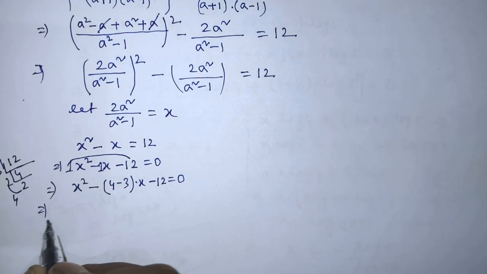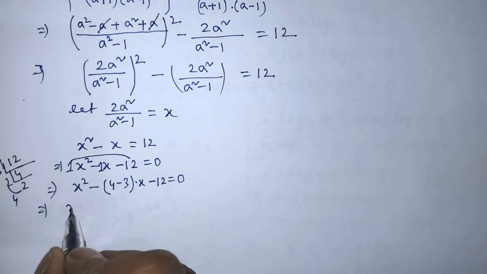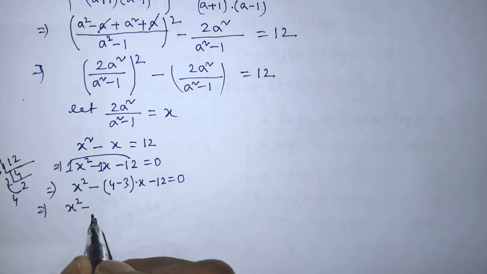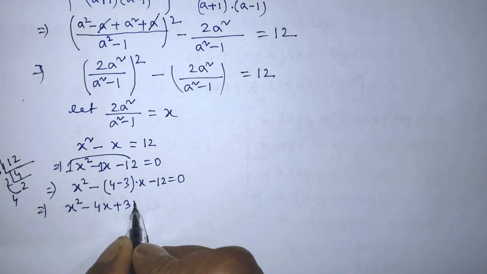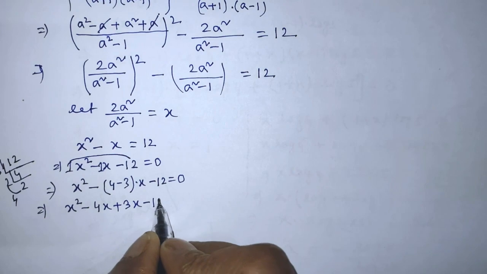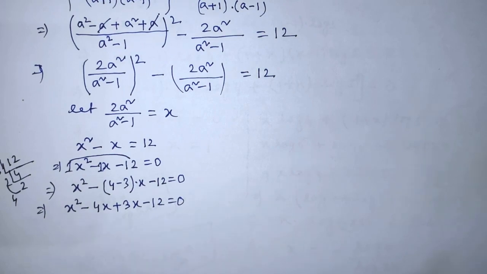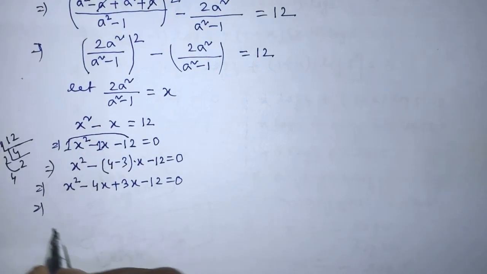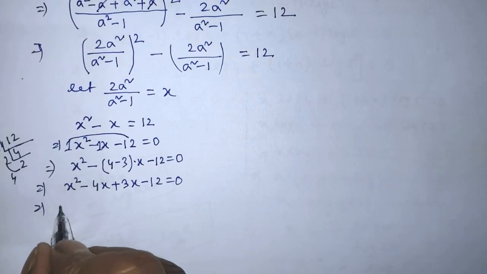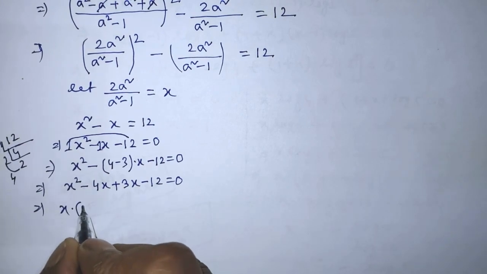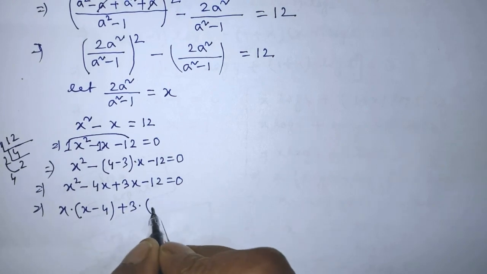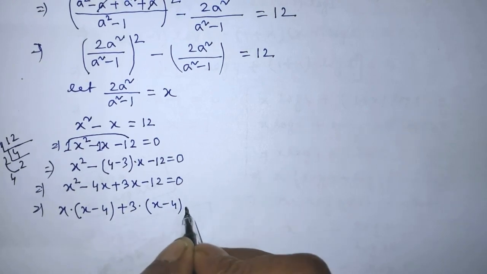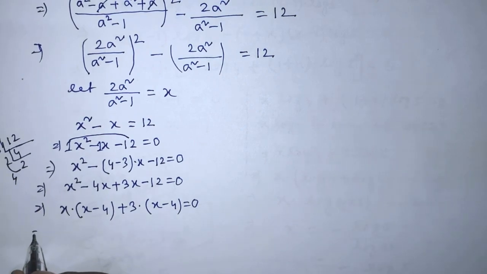So after that we can write from the left hand side x square minus 4x plus 3x minus 12 is equal to 0. Then x times (x minus 4) plus 3 times (x minus 4) is equal to 0.